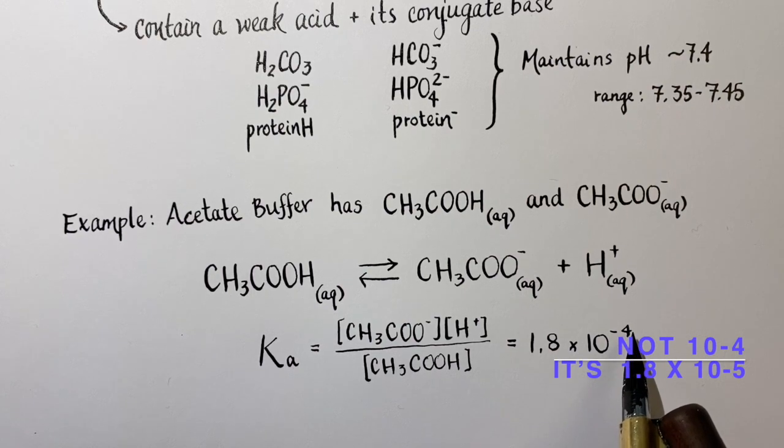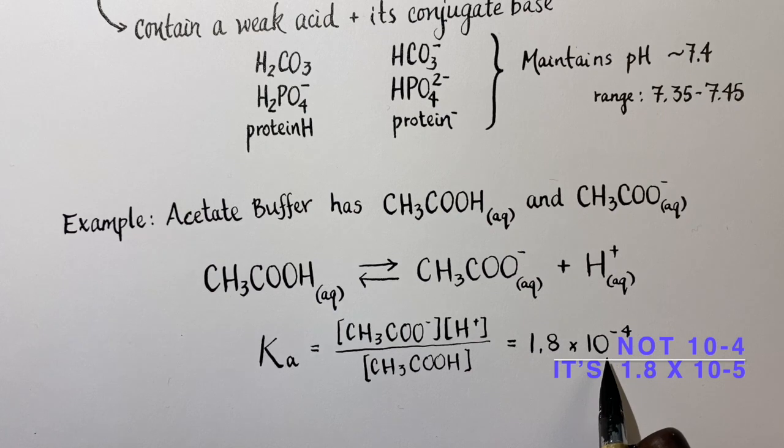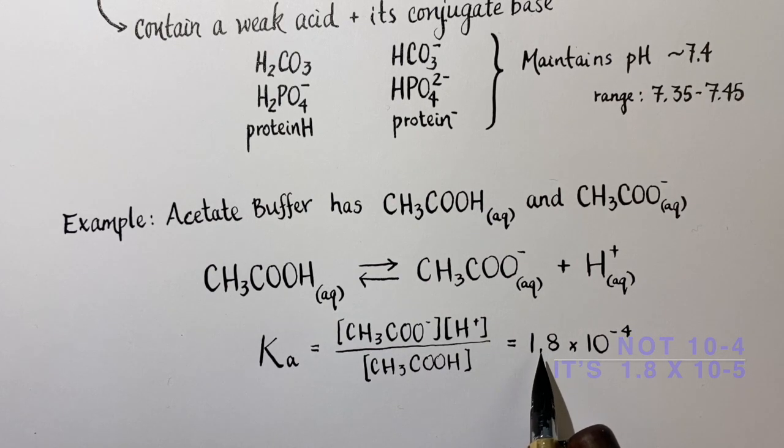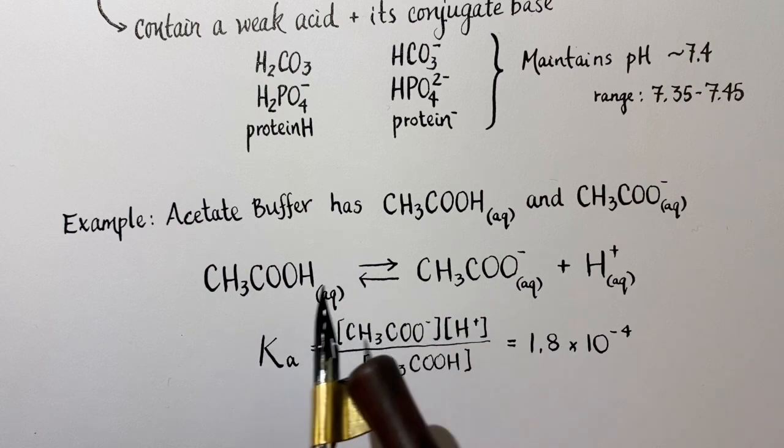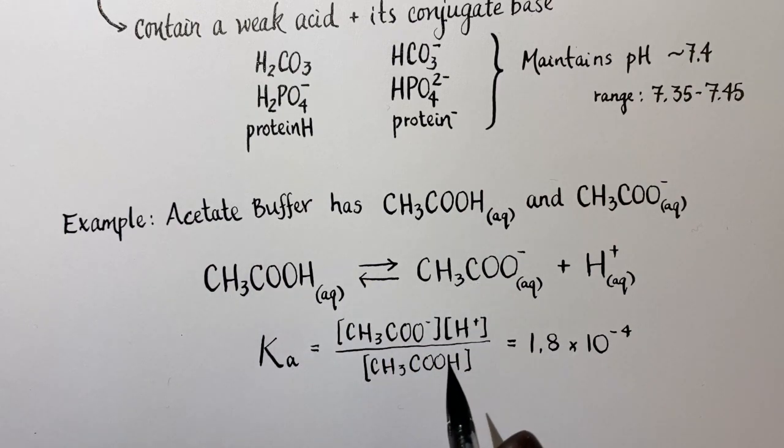And by the way, right here is our indicator that this is a weak acid. If the Ka were 1, then we're looking at something closer to half of them broke apart.